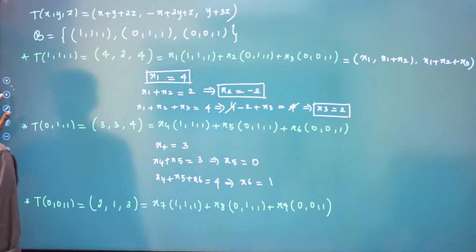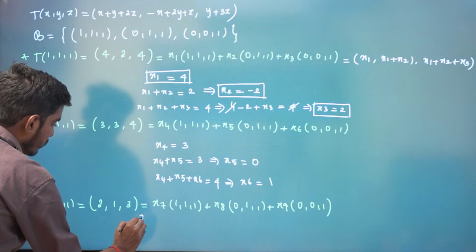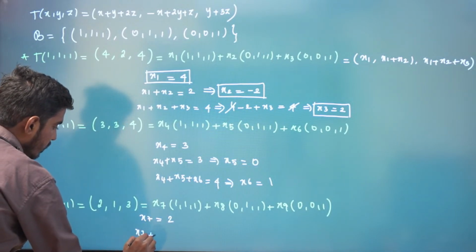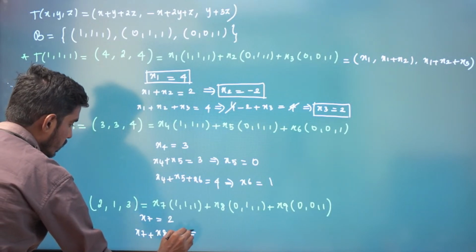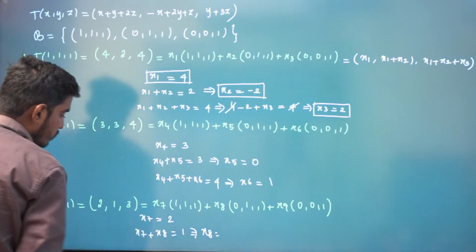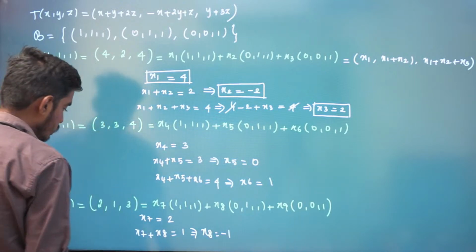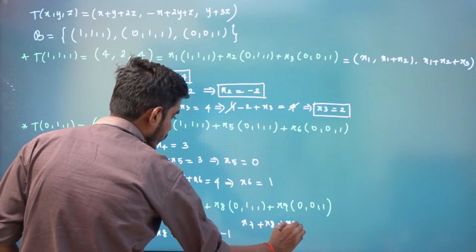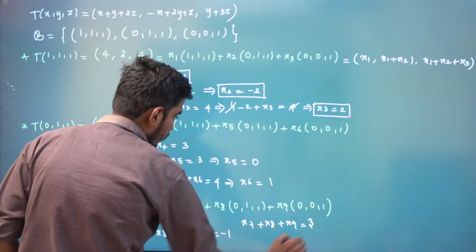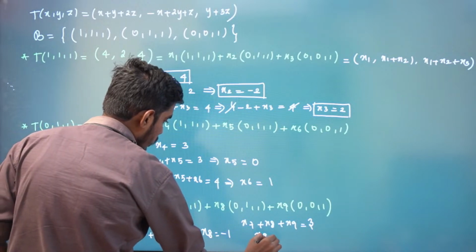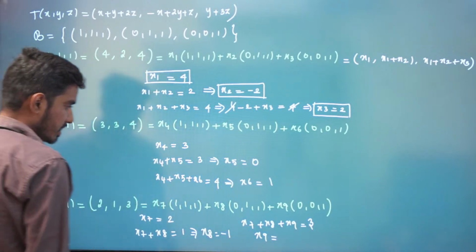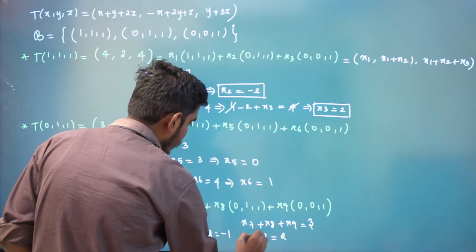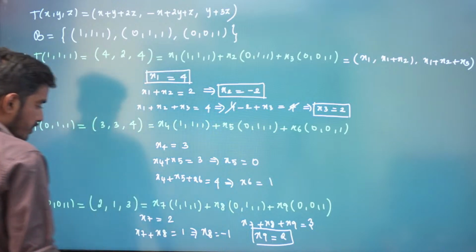Now when you solve this, x7 is equal to 2. x7 plus x8 is equal to 1. This implies x8 is equal to 1 minus x7, which is minus 1. And we have x7 plus x8 plus x9 is equal to 3. So what is x9? 3 minus 2, 1, we will get plus 2, right?